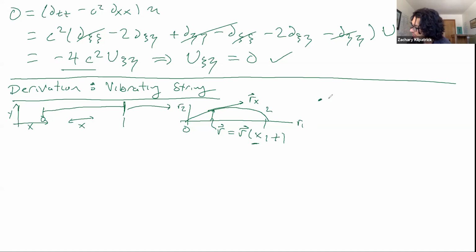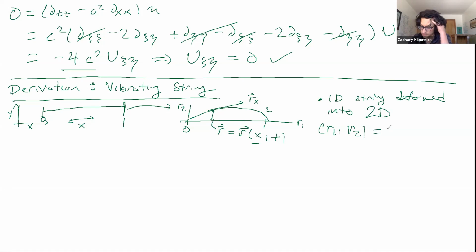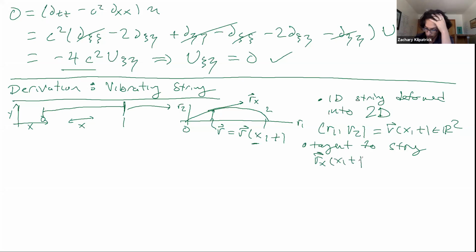So the idea is that we have a 1D string and it's deformed into 2D. R1 and R2 are going to be equal to this vector function R of x,t, and we have some tangent to the string that's given by Rx of x,t.